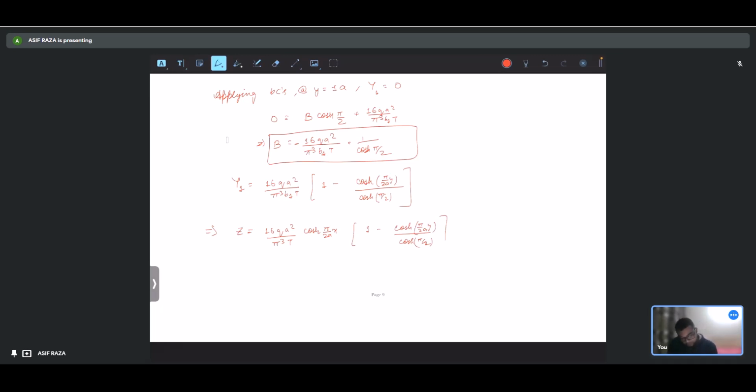Okay, so z max would be at 0, 0 and that will be equal to 16 q a square upon pi cube t times 1 minus 1 over cos hyperbolic of pi by 2, and this is equal to 0.3104 q a square by t.